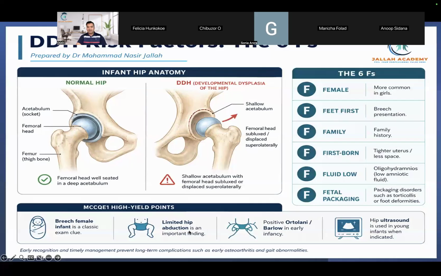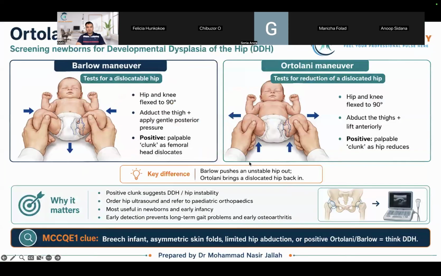Limited hip abduction is an important finding. Positive Ortolani or Barlow, which we are going to see. And this is the 6F, which we discussed, right? So the best initial imaging, if the baby is less than 4 to 6 months, is ultrasound. If it is above 4 to 6 months, then do the X-ray, okay?